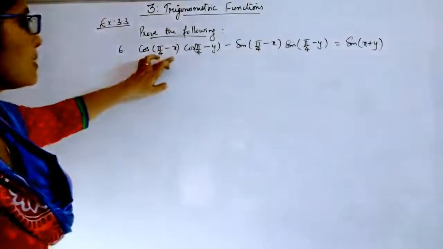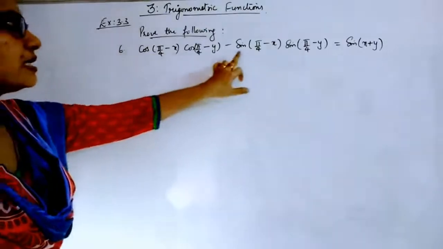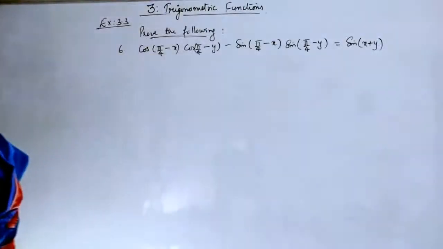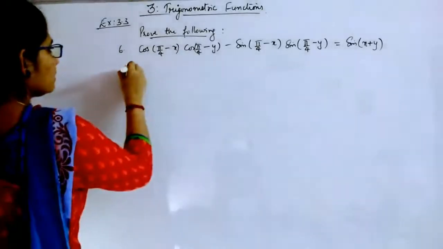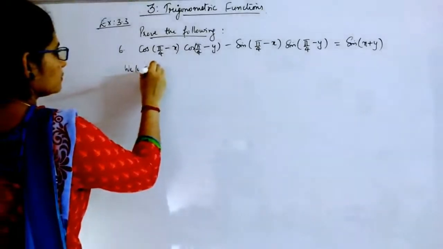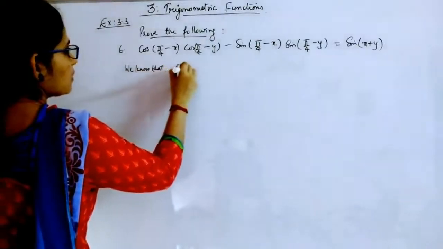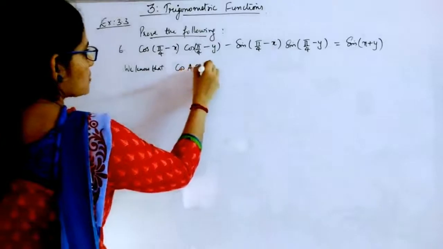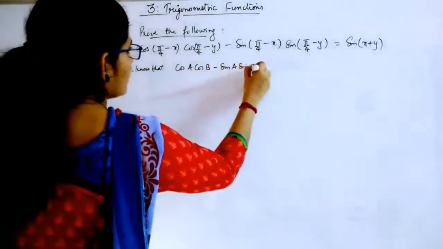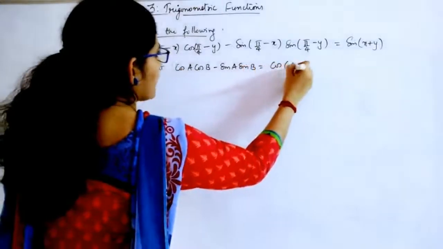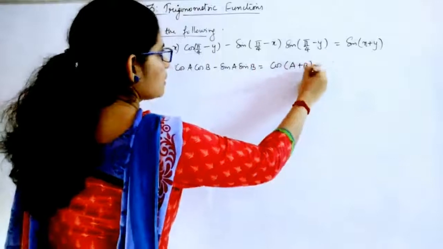If I replace the first angle by a and the second by b, it is cos a cos b minus sine a sine b, which is cos of a plus b. So the formula we are using here is cos a cos b minus sine a sine b equals cos of a plus b.